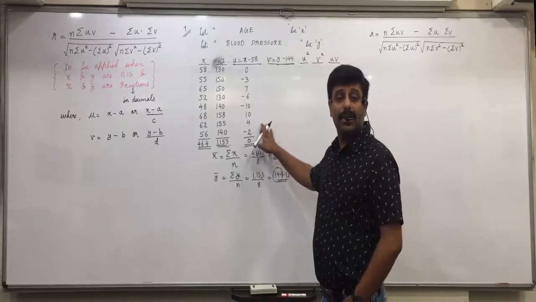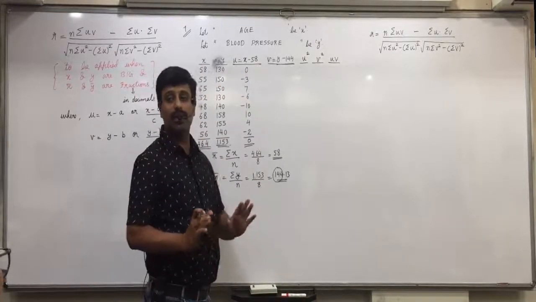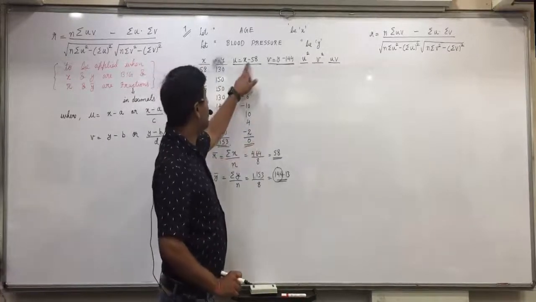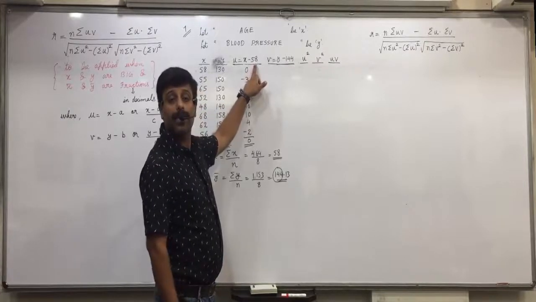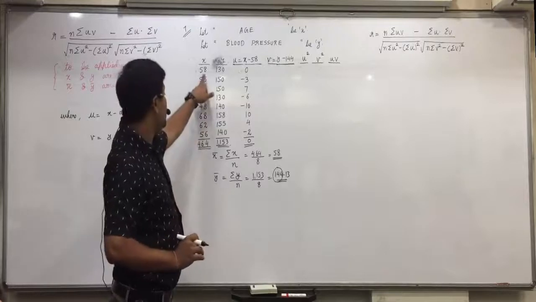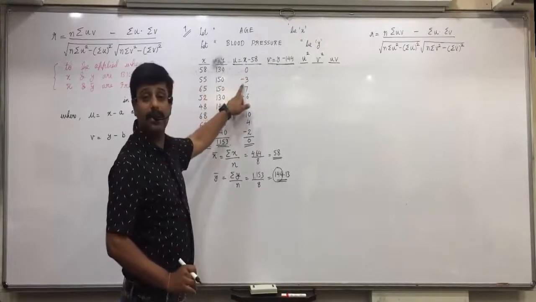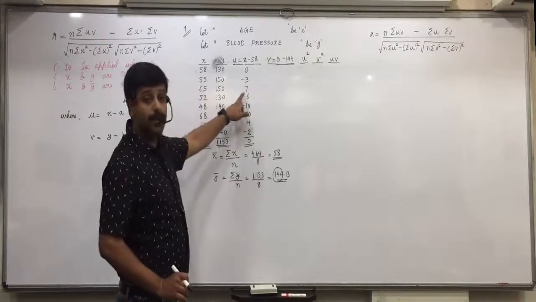Mayank, are you able to understand? How is U obtained? Silence. From all the values of X, we have subtracted 58. 58 minus 58, 0. 55 minus 58, minus 3. 65 minus 58, 7.